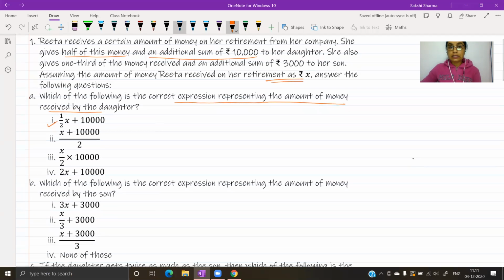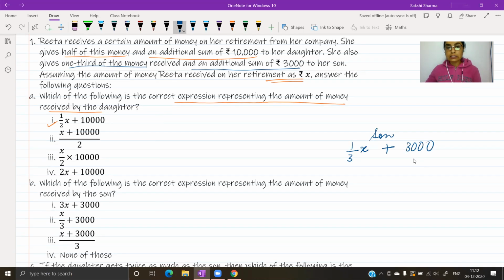Now, how much money did the son receive? One third of the money and an additional sum of 3,000 rupees. If we had to make an expression for this, for the son, it's one third of X and 3,000 rupees.